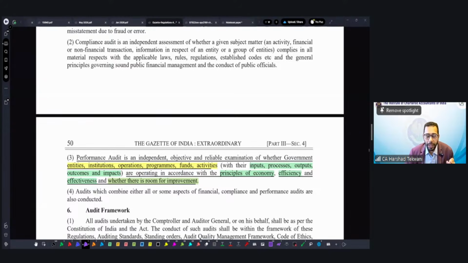So these are the responsible parties, who will be responsible for the purpose of audit. Now the management, the board of directors, those charged with governance, or the head of these departments, or any person appointed as the chairman or president, basically will be the responsible parties.